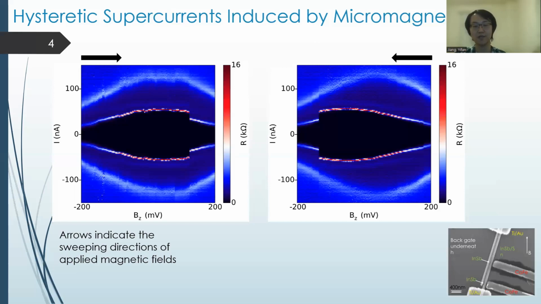The plot shown at right is quite similar. In this case, the sharp switching is located on the negative magnetic field side. Now with these two plots, we know that we have hysteretic supercurrents.